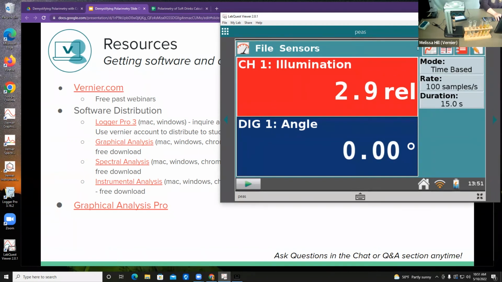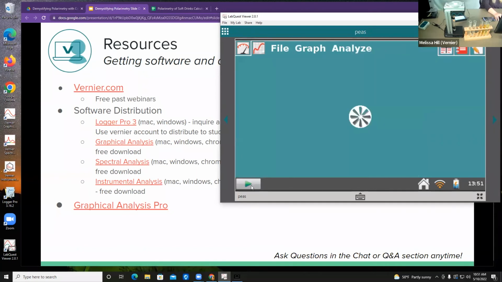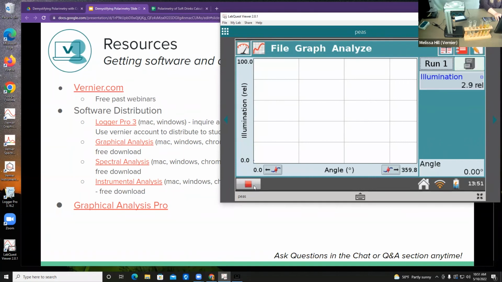And so then I can repeat it with my water, which is what I would have to do now since I lost that. And so again, I have to manually rotate this. So nothing happens until I manually rotate it.